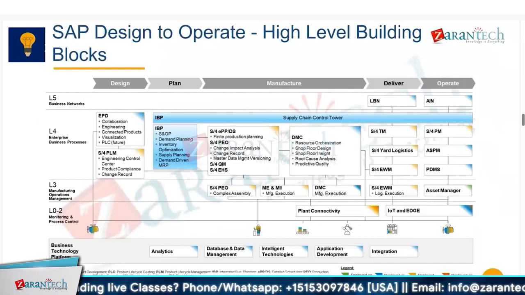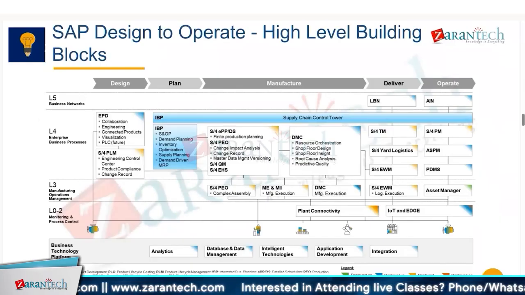When we talk about supply planning, we have to talk about manufacturing capabilities, manufacturing footprints, and other supply planning related stuff. So design to operate functionality is part of the supply planning group, and it's part of the overall supply to manufacture product. It starts off with design, then plan, manufacture, deliver, and operate.